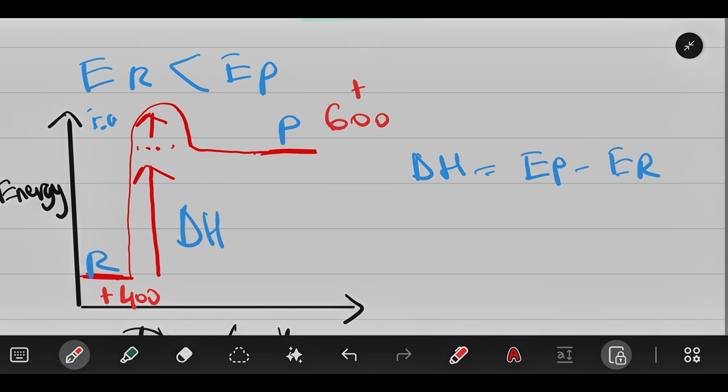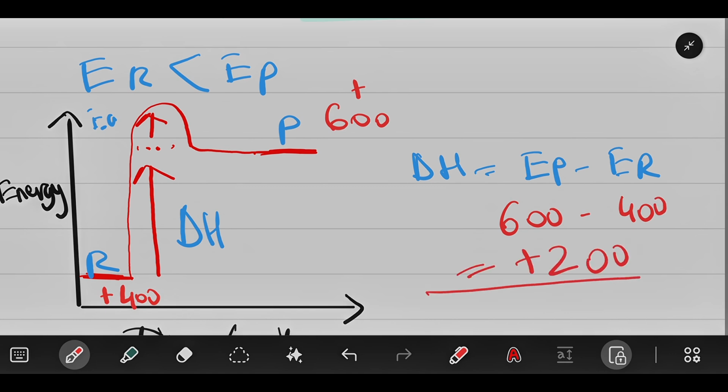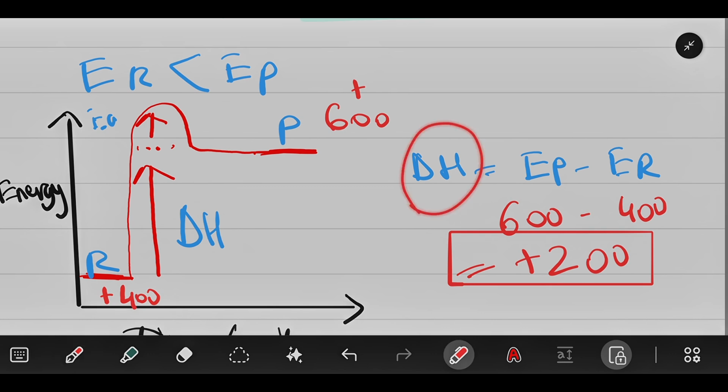Now, if I subtract them, 600 minus 400 is going to be plus 200. Now, in an endothermic reaction, there will be a positive sign for the enthalpy change. Similar to the exothermic reaction, where there was a negative sign, in the endothermic reaction it will be a positive sign.